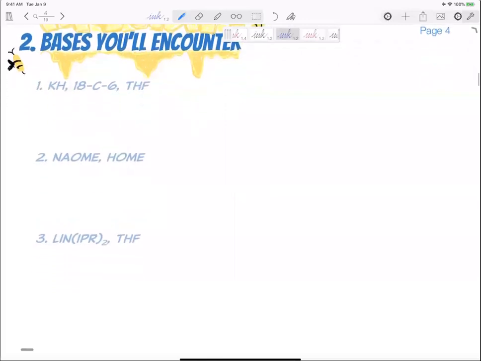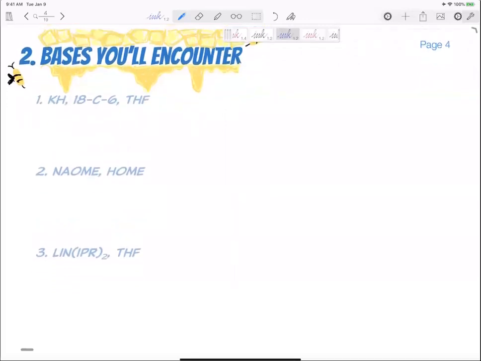Okay, so in this chapter, you're going to encounter 3 types of main bases. The first one being potassium hydride in 18-crown-6, right? And this base here is going to be thermodynamic. So it attacks the more substituted site, and this is an irreversible base.